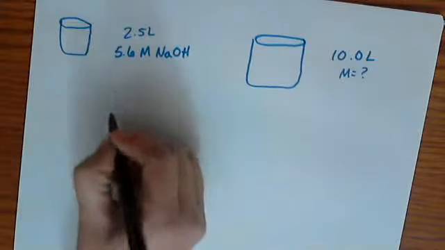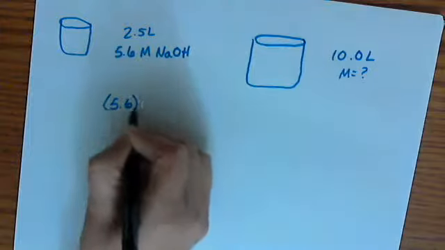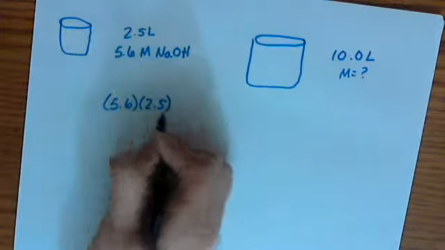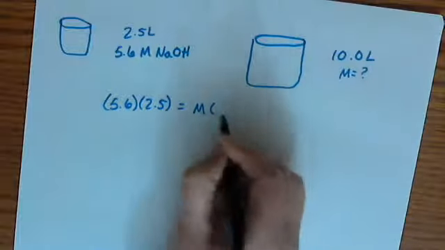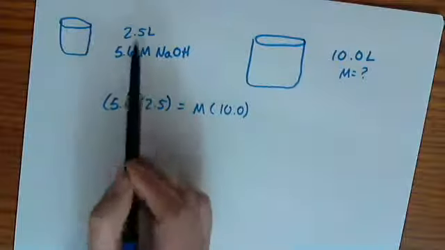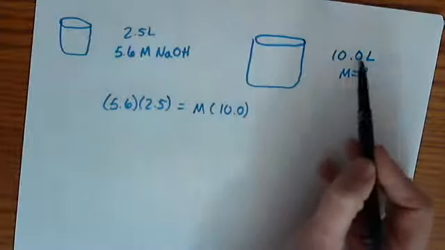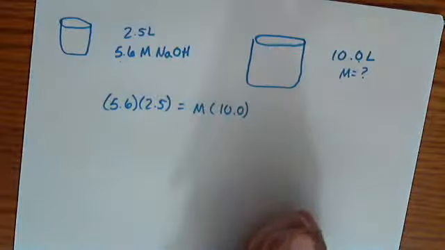So our dilution equation says that we're going to take the 5.6 molar times 2.5 liters, and that's going to equal that molarity times 10.0 liters. And again, I've got 2 sig figs here, 2 sig figs there, 3 sig figs there. My final answer is going to have just 2 sig figs.